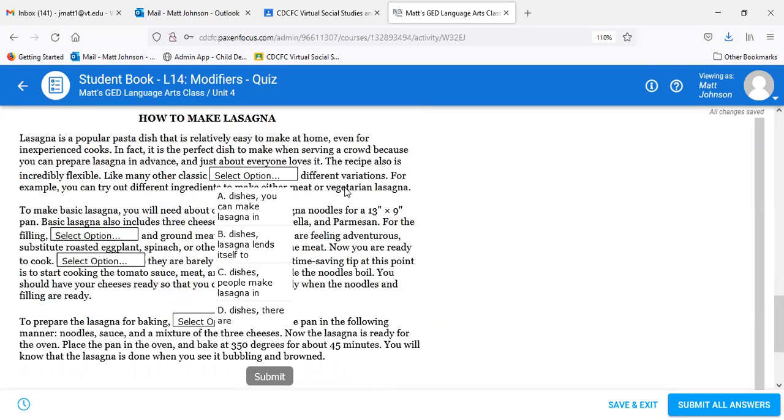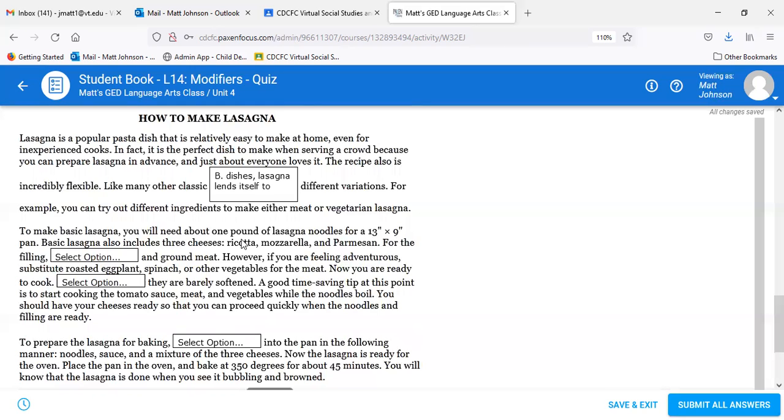The subject is lasagna, so we want to make sure that that's referenced in our answer. These other ones change the subject away from lasagna, like people, and this is just incorrect because it doesn't have lasagna in there to let you know what the subject is. So B.